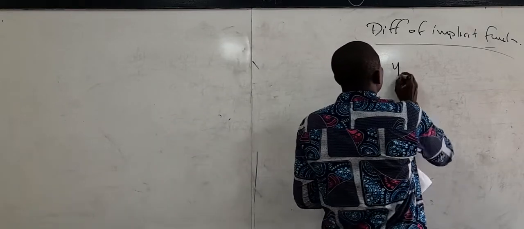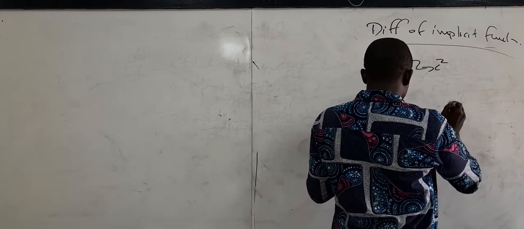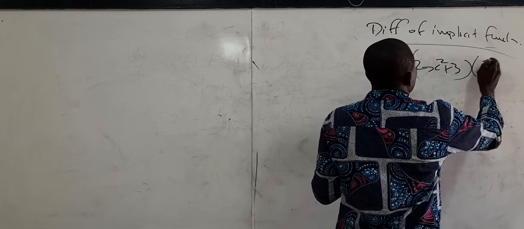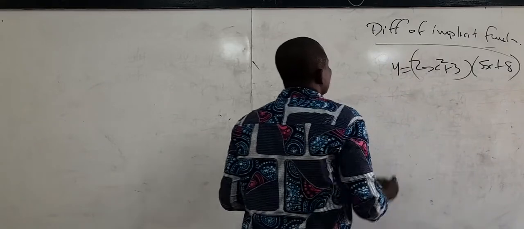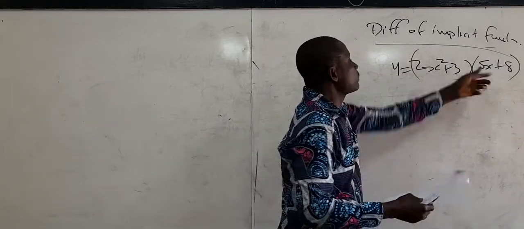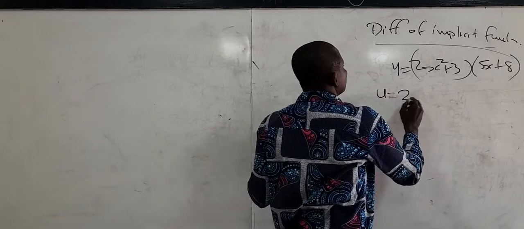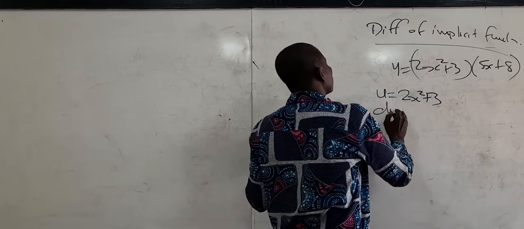If I have, say, y is equal to 2x squared plus 3, then 5x plus 8. So here, straight away you see that they are a product, because it is this and that. So we say that u is equal to 2x squared plus 3.